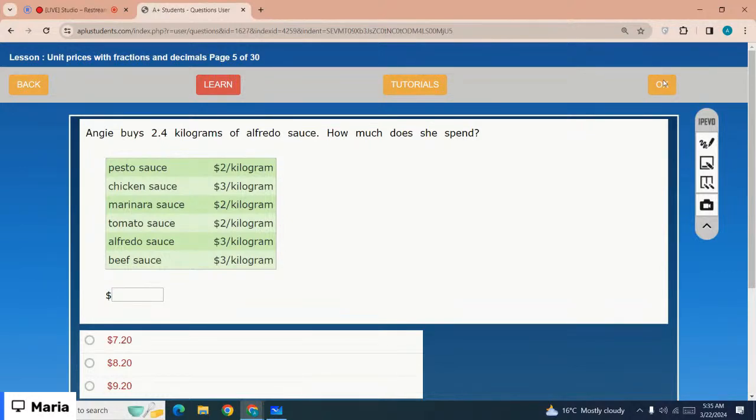So you have to do 3 times 2.4. So the correct option is $7.20. Option number one is the correct option, right? That is option number one.